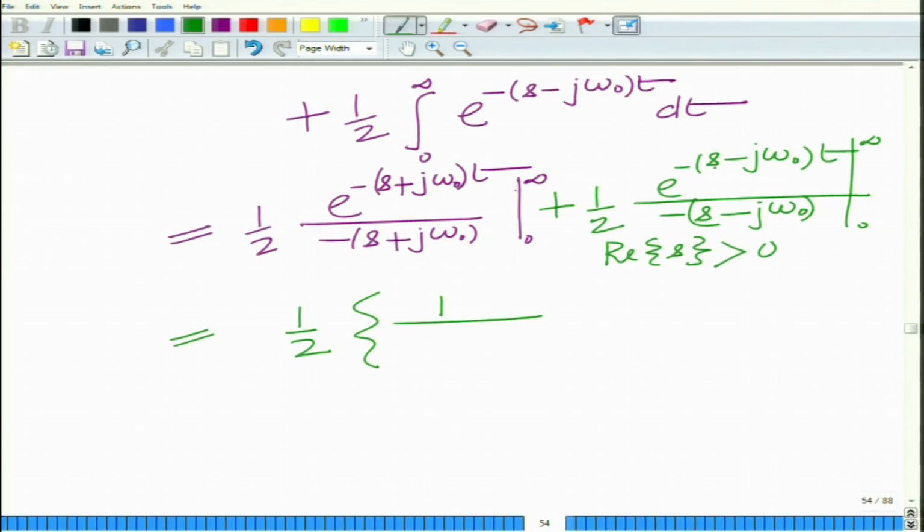Similarly, e raised to minus (s minus j omega naught) t tends to 0 as t tends to infinity only if the real part of s is greater than 0. So, this is basically your ROC. Okay.